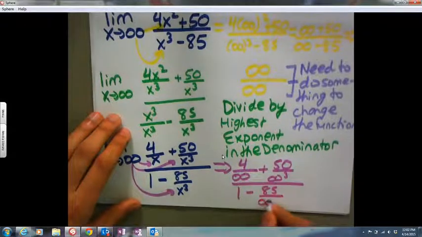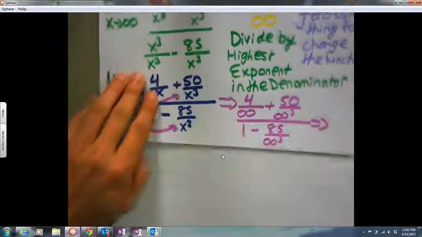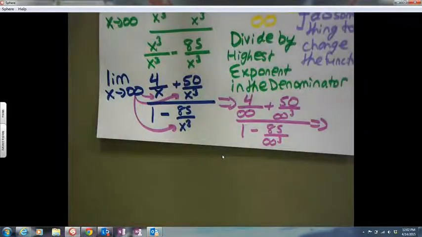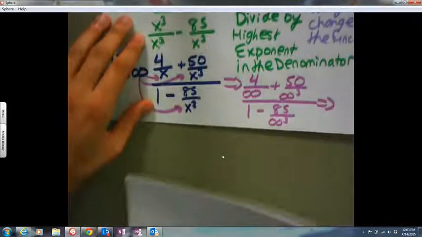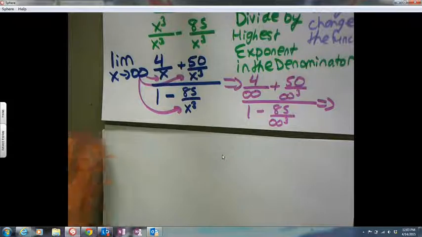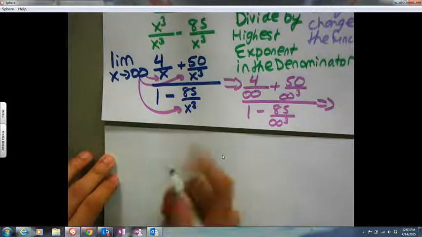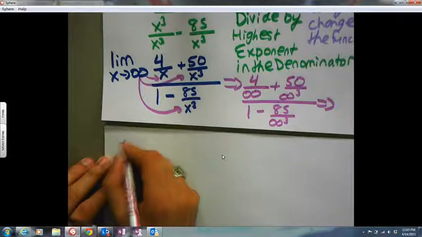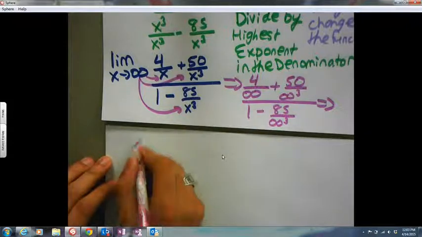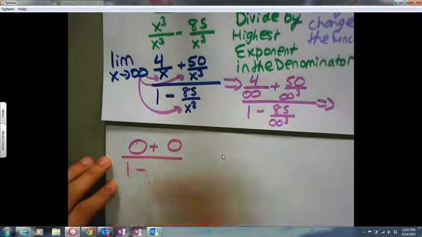We get to here. And now what do we get? We have 4 over infinity, which is 0, 50 over infinity cubed, which is 0, and 1 minus 85 over infinity cubed, and 85 over infinity is 0, so we get 0 over 1, which equals 0.